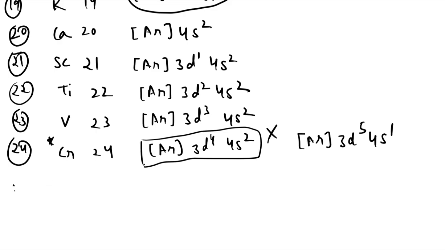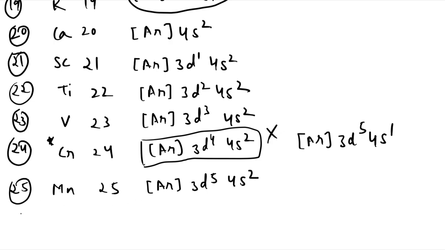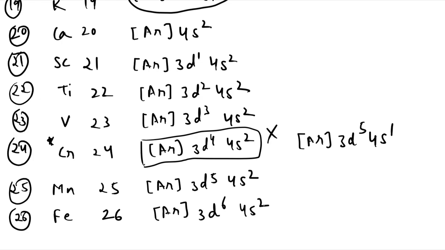All the exceptions. Then after chromium we have manganese with atomic number 25. So its representation is argon 3d5 4s2. Then we have iron with atomic number 26. So it's argon followed by 3d6 4s2.